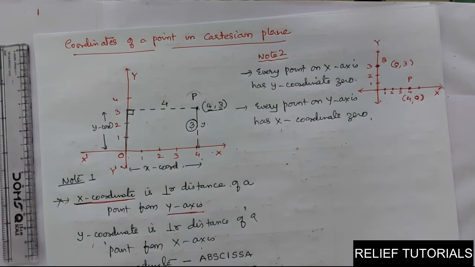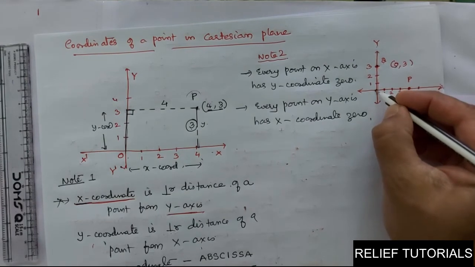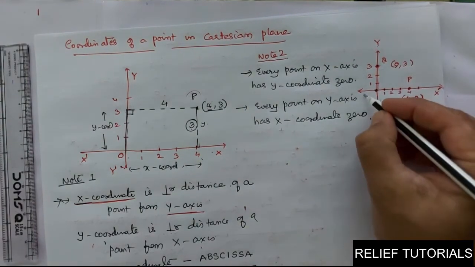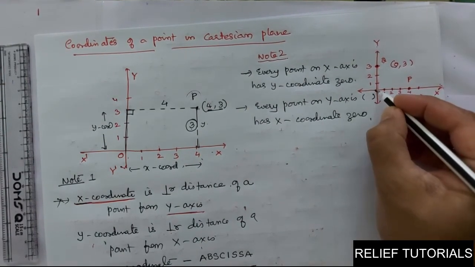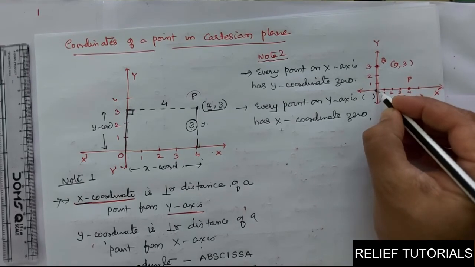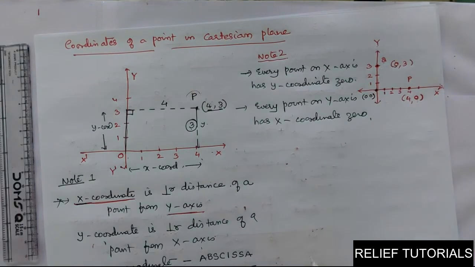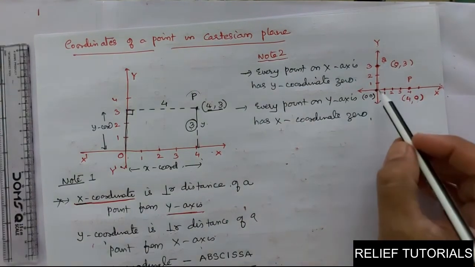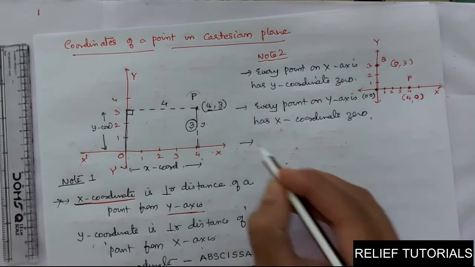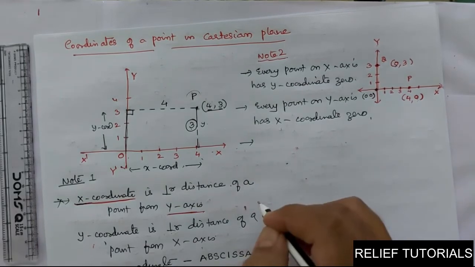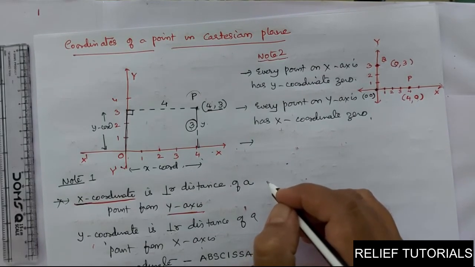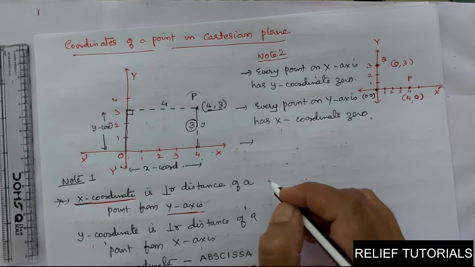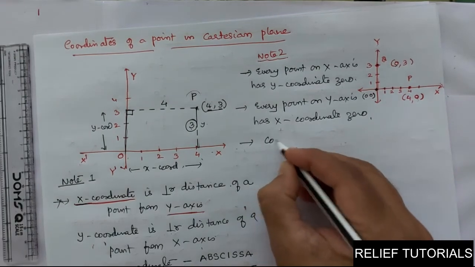And the coordinate of a point at the origin. So see this origin. What will be the coordinates of the origin? The distance of this point from the y-axis is 0. The distance of this point from the x-axis is also 0. So we can say the coordinate of the origin is always 0, 0.